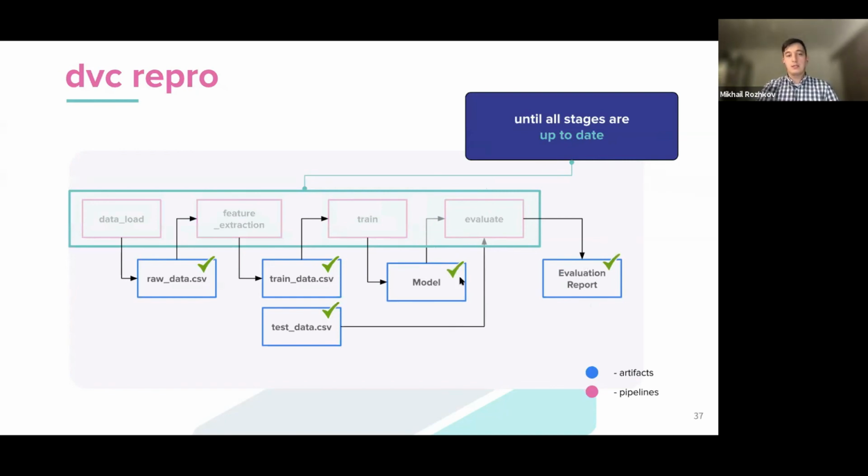And by doing that, DVC will again keep your whole pipeline up to date, and the next time you call this DVC repro command, it will not run it again. But if something changed, it will start from the stage that is dependent on this change.